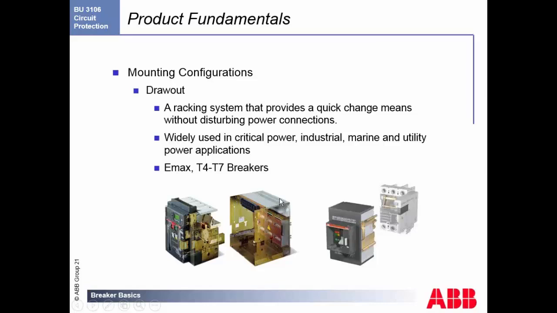It doesn't matter how much PPE or personal protection equipment you are wearing. It's a very dangerous situation. So what we have is shutter walls that will keep you isolated until the breaker itself is completely racked in. This is just a safety feature that we have on our breakers.